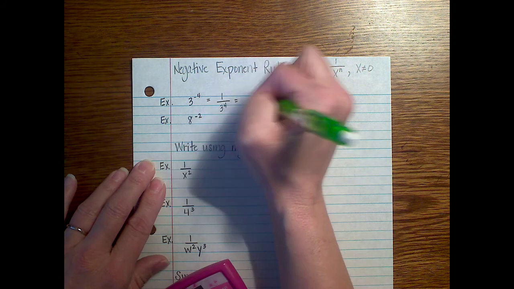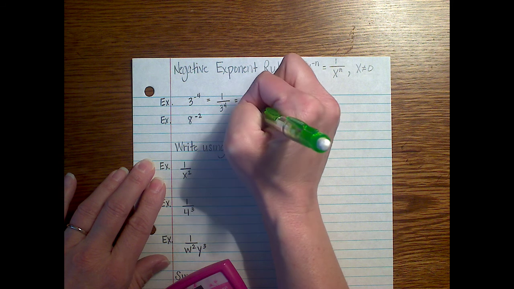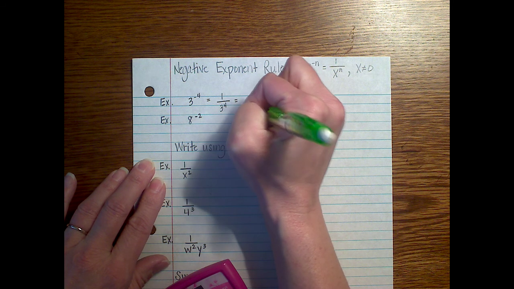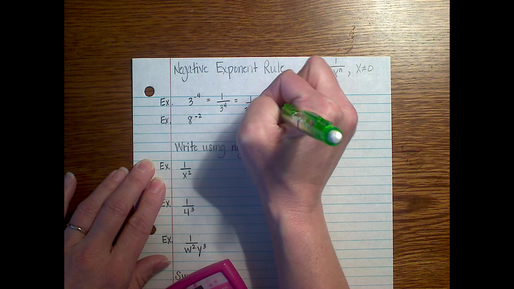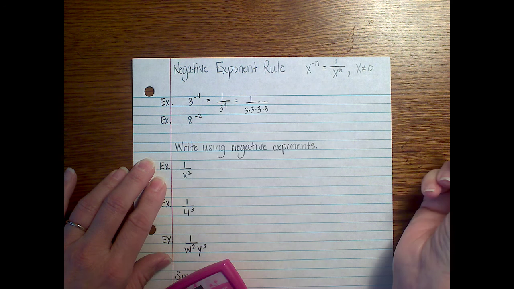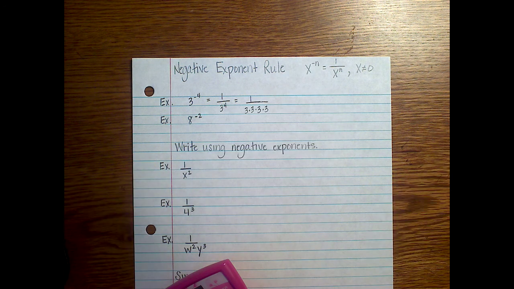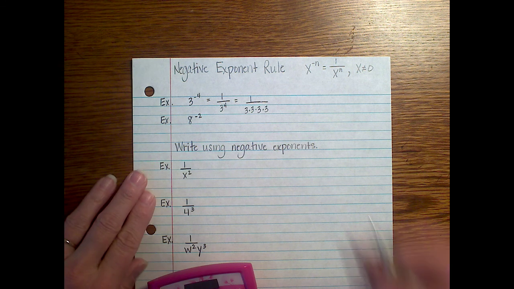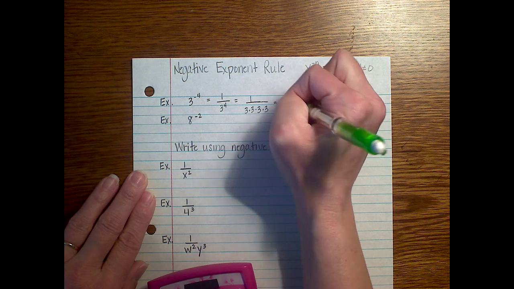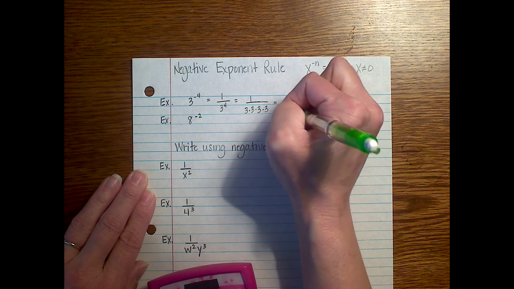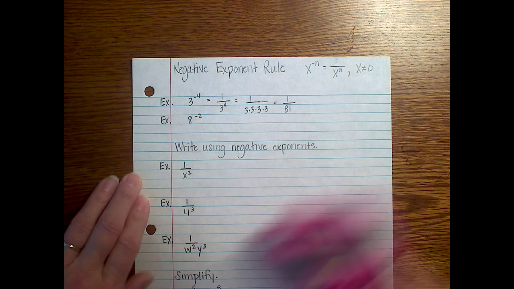If I rewrite this, that's 1 over 3 times 3 times 3 times 3. 3 times 3 is 9. 9 times 3 is 27. And 27 times 3 gives us 81. Double checking that on my calculator too, just to make sure, okay?